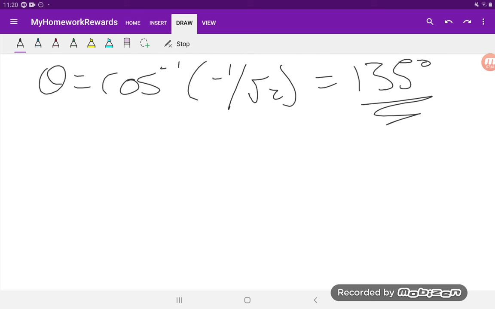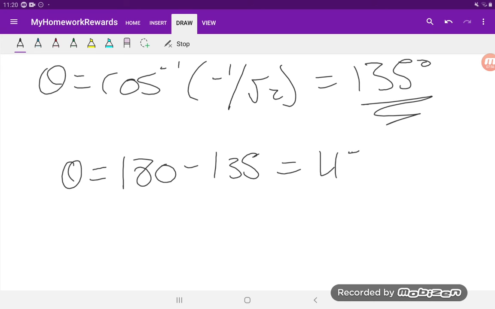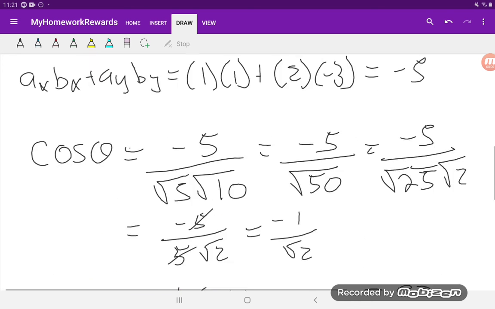So we can say that theta that we were looking for is equal to 180 minus 135, which is equal to 45 degrees. So what this means is that the angle between those vectors is 45 degrees. And that's how you solve this question.